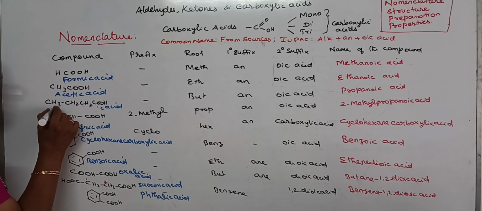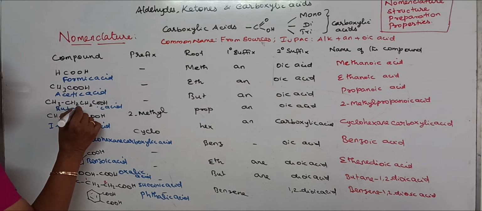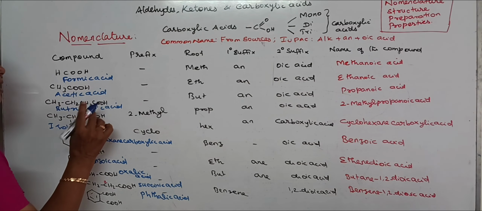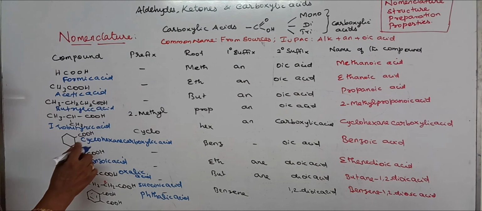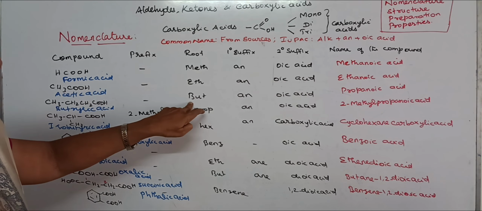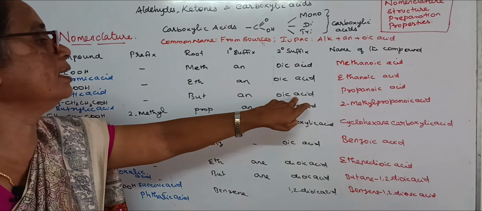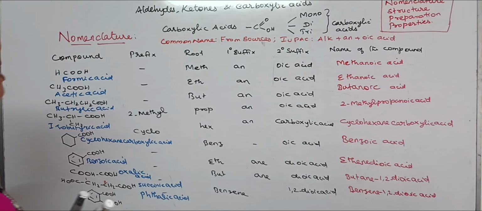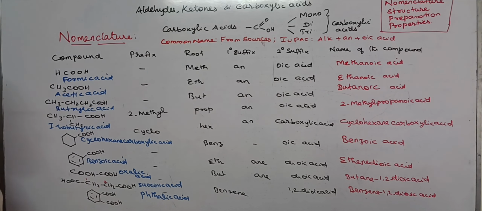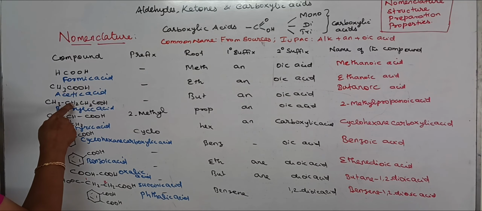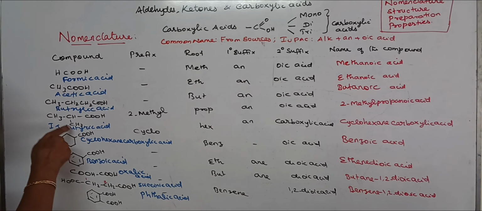So CH3CH2CH2COOH, where 4 carbons are there, is butyric acid, and its root word gives the name butanoic acid. And suppose I write the isomer of butyric acid, where one CH3 makes a branch.